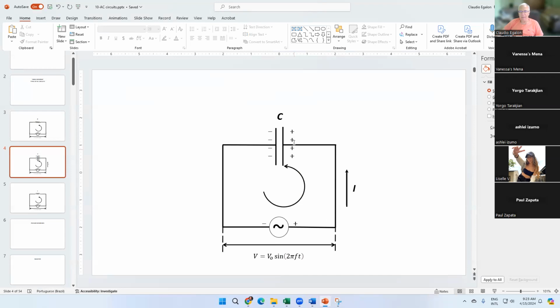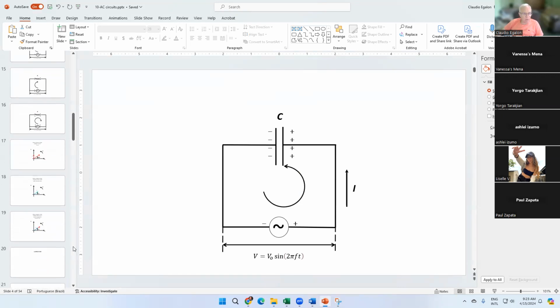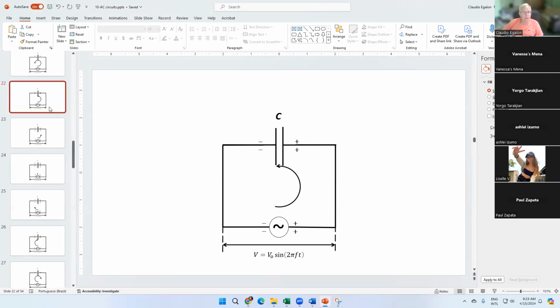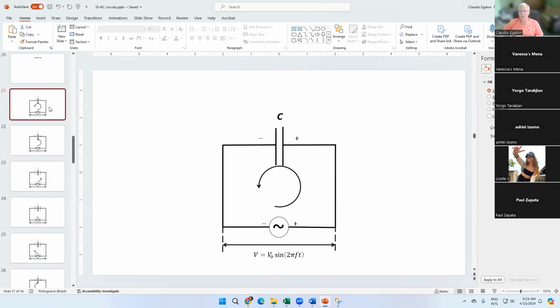As time goes by, this capacitor becomes charged and discharged, and the charge is inverted. Can you picture that? Hopefully I have one drawing here for that. Let's say we started at a given instant of time with very little charge in the capacitor. Current is flowing in the counterclockwise direction. A little bit later, the capacitor is a little bit more charged. The current is still flowing in the counterclockwise direction.